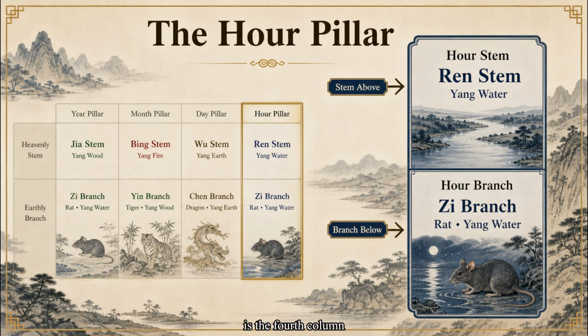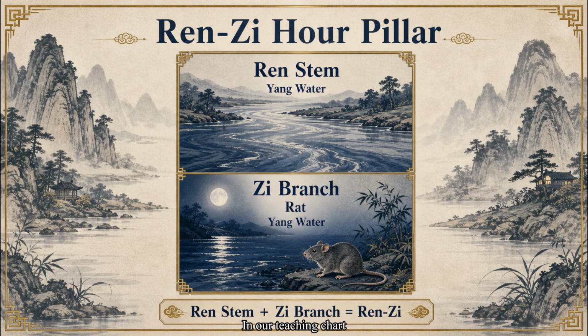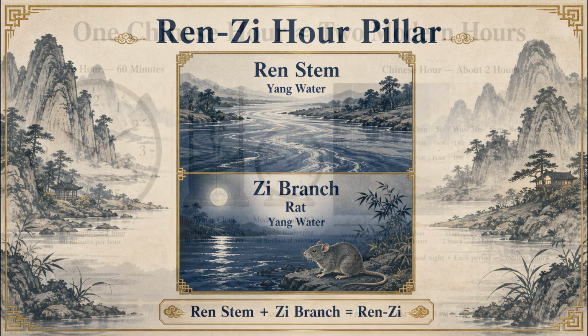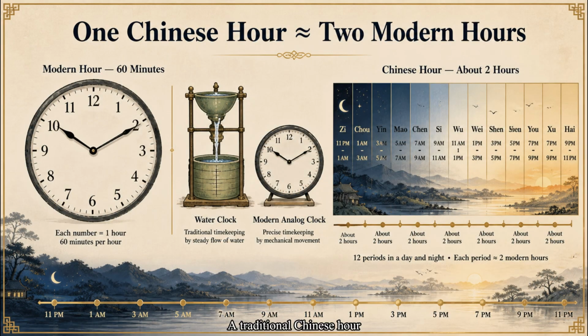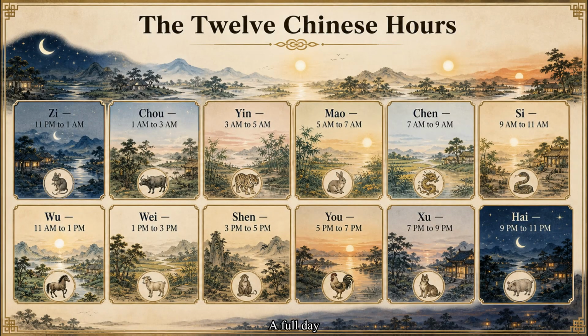The hour pillar is the 4th column, with the hour stem above and hour branch below. In our teaching chart, the hour pillar is Ren-Zi, and both Ren and Zi are associated with Yang water. A traditional Chinese hour is not 60 minutes. Each time period covers approximately 2 modern hours. A full day is divided into 12 traditional time periods, each corresponding to one earthly branch.